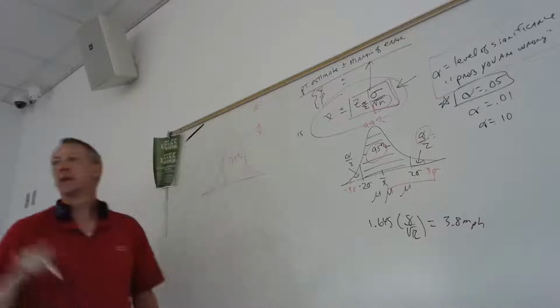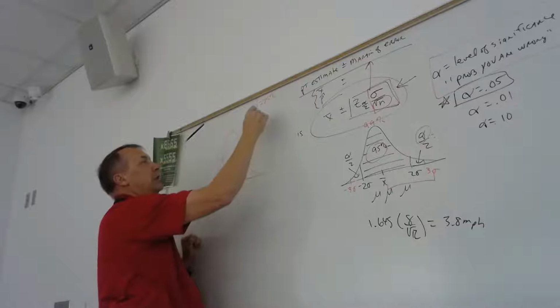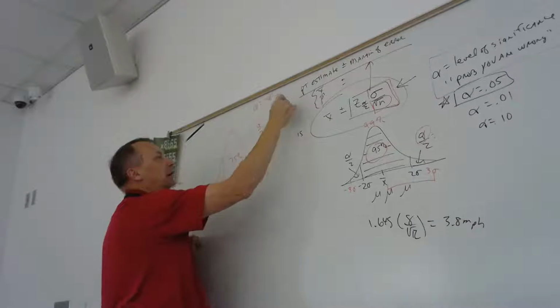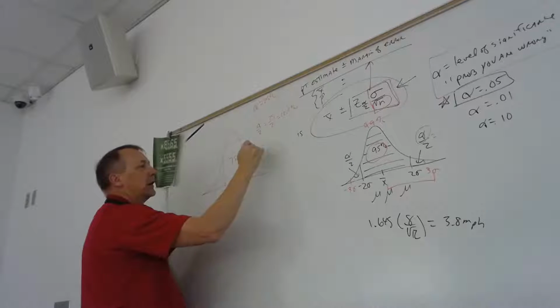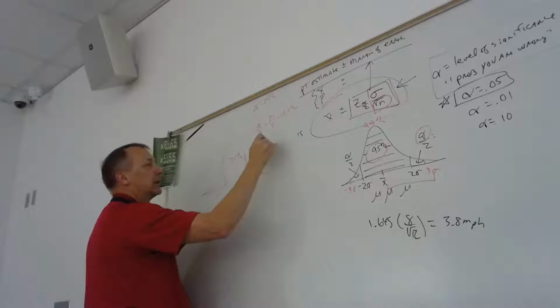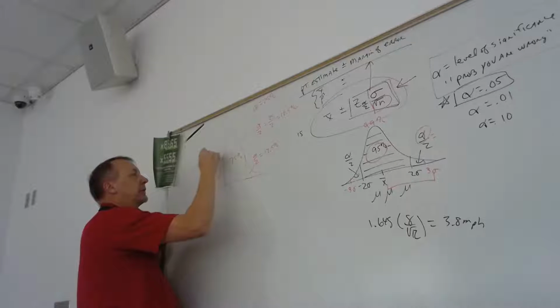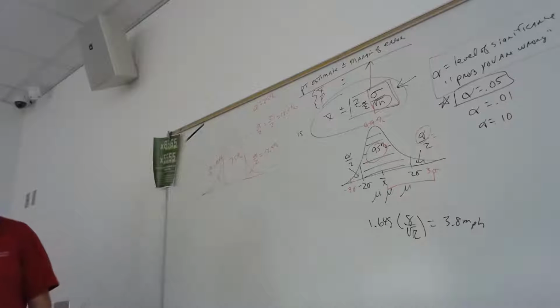Wouldn't it be 25? Yeah, so your alpha would be 25%, your alpha over 2 would be half of that, 25 divided by 2, which is 12.5%, right? So that means I've got half of my alpha here, 12.5%, and half of my alpha over here, 12.5%. Now, that's not on my chart.